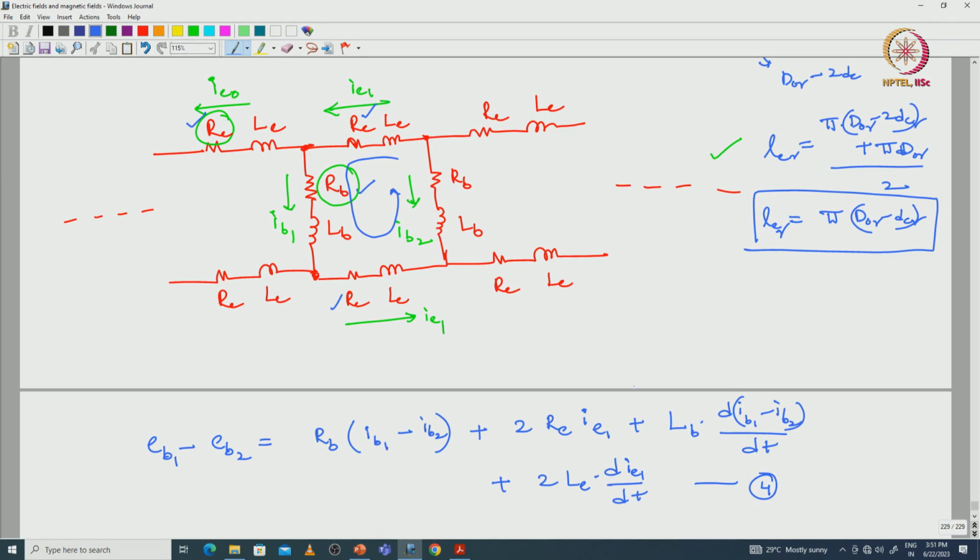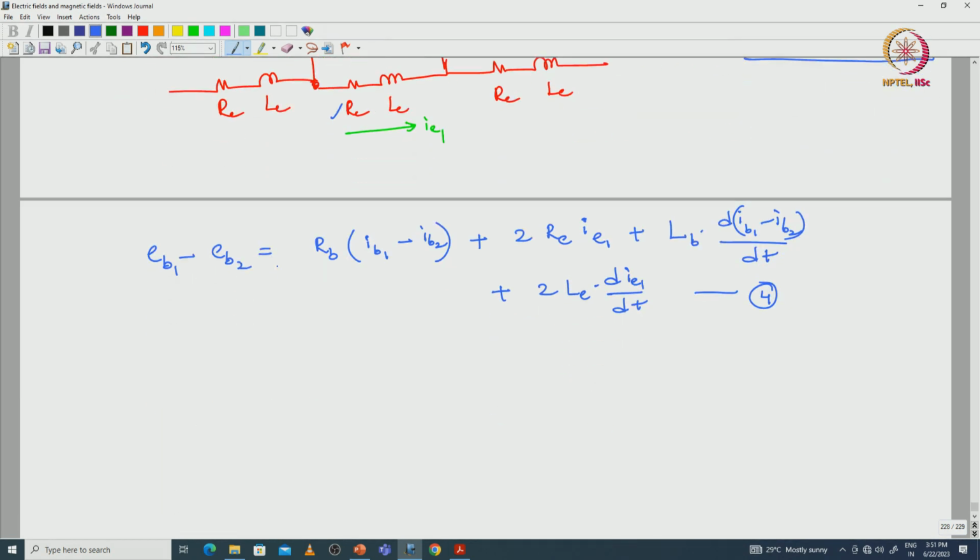Just apply a KVL with respect to the mesh which I have represented here in blue color. Apply that KVL equation and then we will see this equation. And IB1 plus IE0 is equal to IE1 from the above figure.